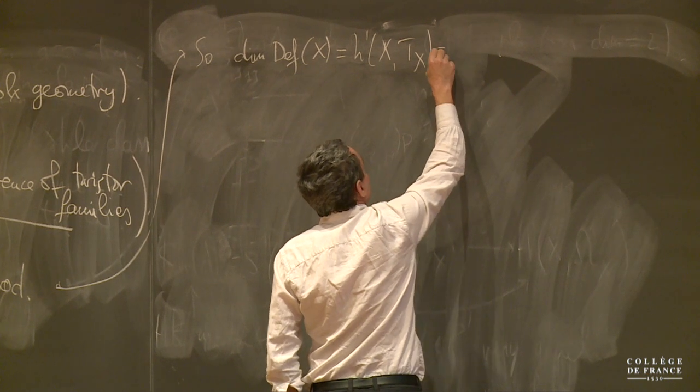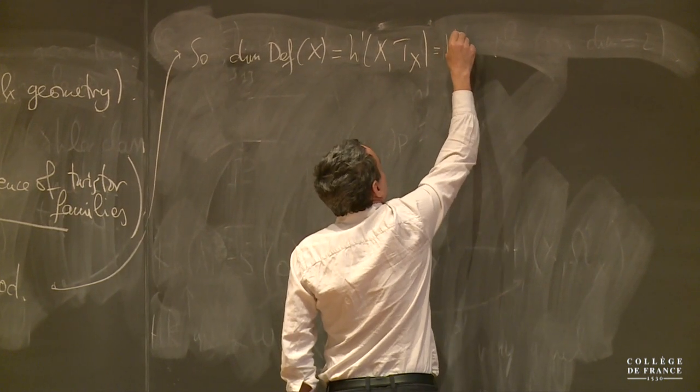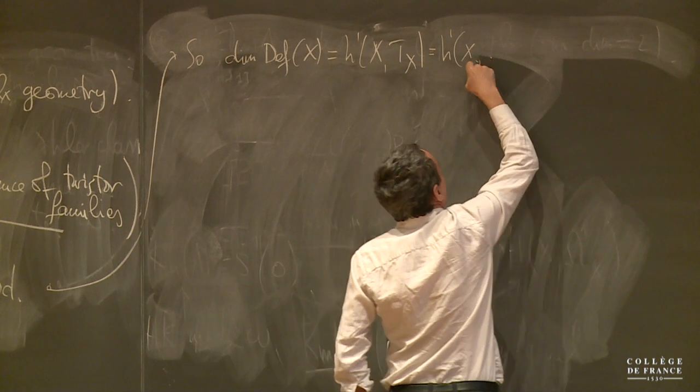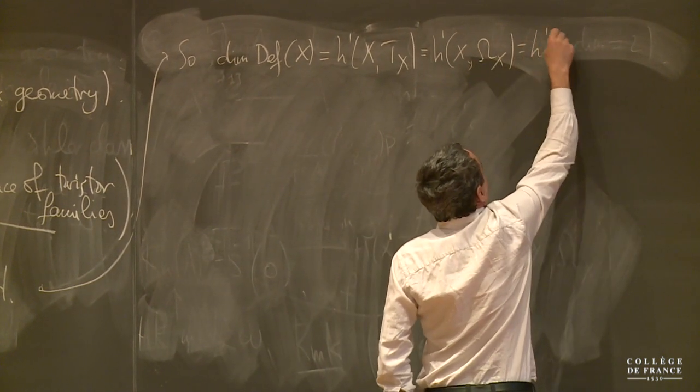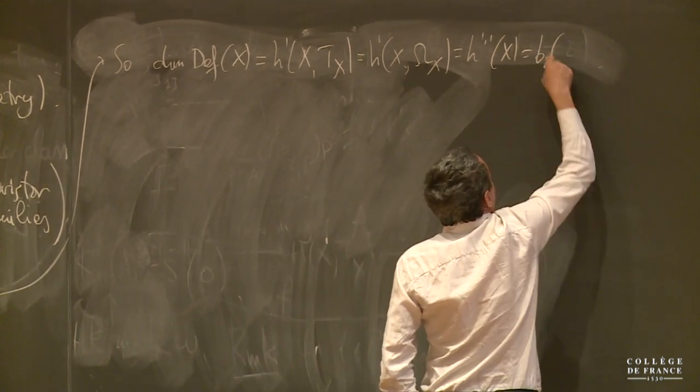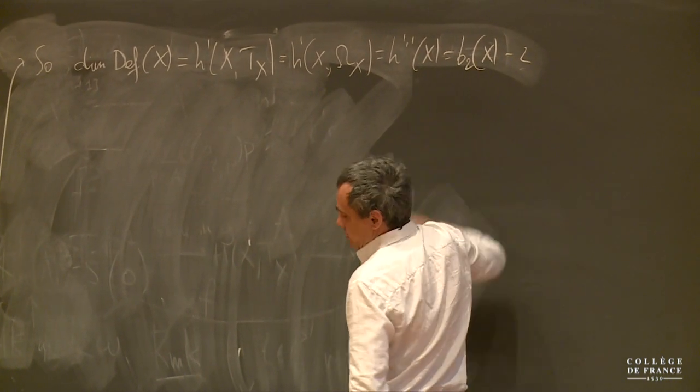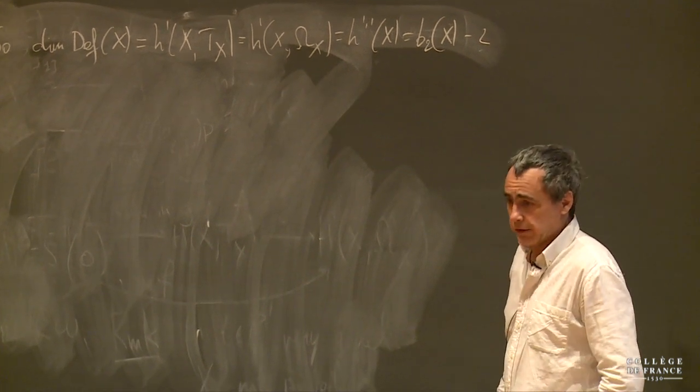And so this is H1, as I said before, of omega of X, and so this is H^{1,1} of X, which is b2 of X minus 2, because H^{2,0} and H^{0,2} are one-dimensional.